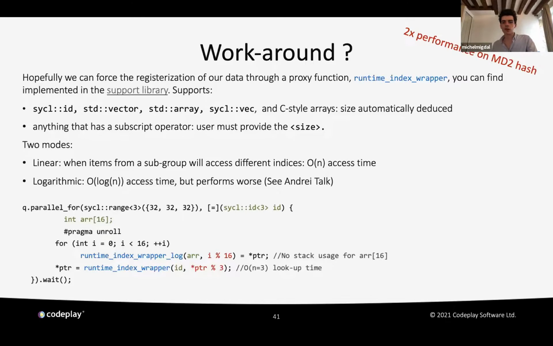Right now you can pass anything to this accessor wrapper: your ID, std::array, std::vector, sycl::vec, or even C-style arrays, anything that has a subscript operator. Through that runtime index wrapper, it allows you to force the array to be in the registers, even though you are accessing with dynamic indexes.